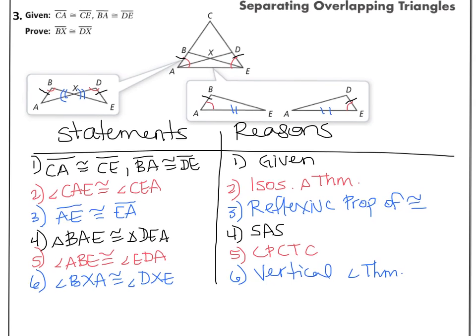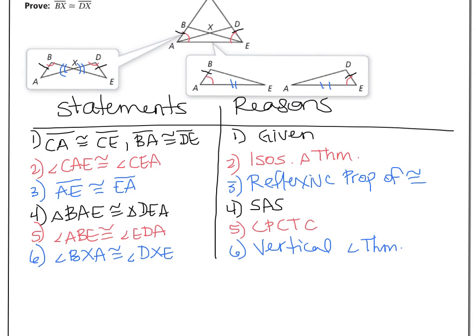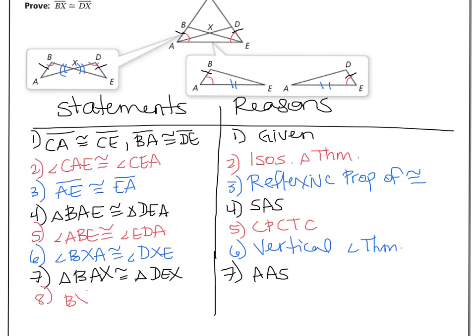Oh my gosh, we're almost there. So triangle BAX is congruent to triangle DEX by angle side. And therefore, what we're trying to prove, that segment BX is congruent to segment DX, that's true because, again, those two triangles are congruent, so all parts of them are congruent to the corresponding parts of the other. Corresponding parts of congruent triangles are congruent, CPCTC.